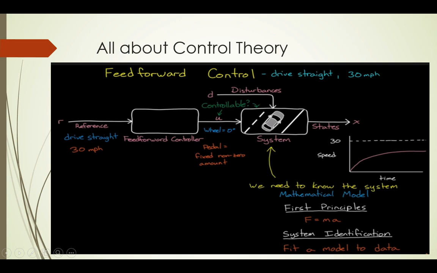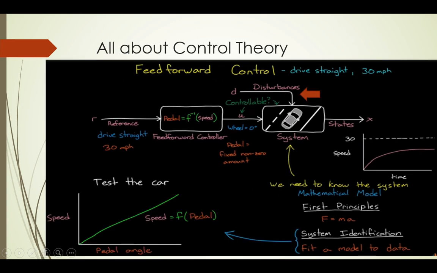Or, if we have data, we can use a system identification technique that fits a model to the data so that we can identify the model. For example, we have this data available, speed and pedal angle, and there is a relation between speed and pedal angle using this function f.